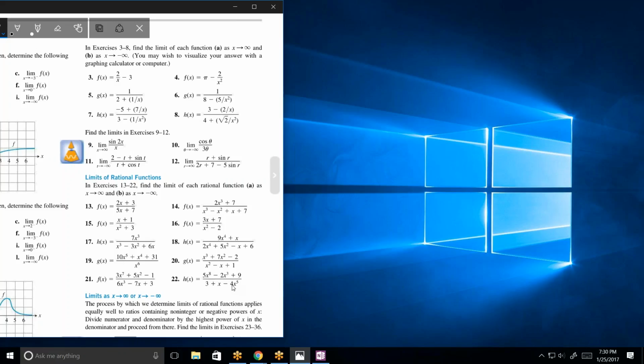In other words, you can't quite ignore everything. I can ignore the 3, I can ignore the x, I can ignore the -2x cubed and the +9. But I don't believe I can ignore that -4. Yeah, no, you have to, especially when you're dealing with going to both infinities. Well, even if I was just going to infinity, I would have to pay attention to that -4. Yeah, and that's the first one they give us like that. In other words, 20 didn't have that.